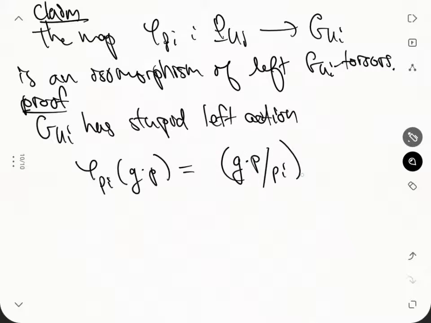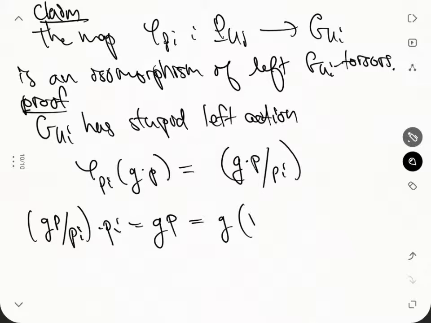So this is the element of g. And what is this guy? This thing times pi is equal to gp. Okay, and this is really p divided by pi times pi here.